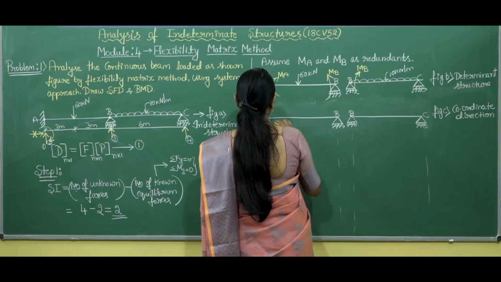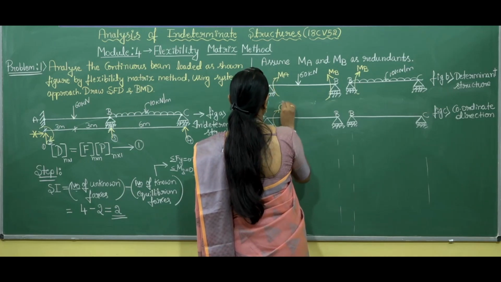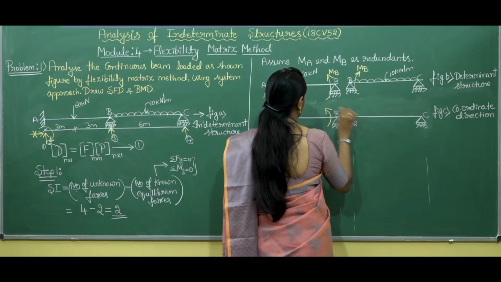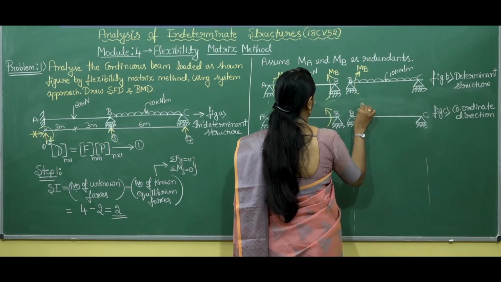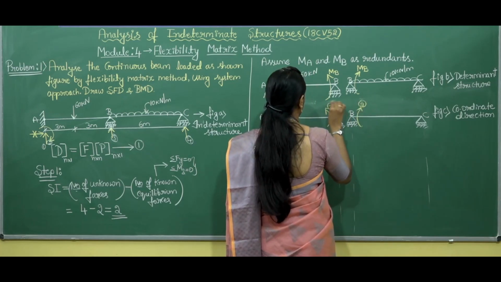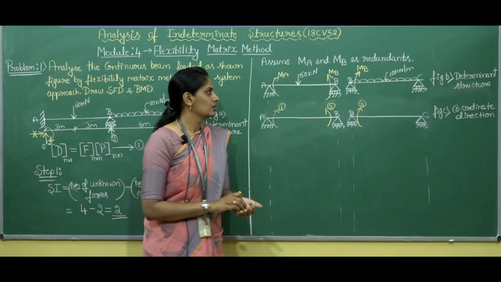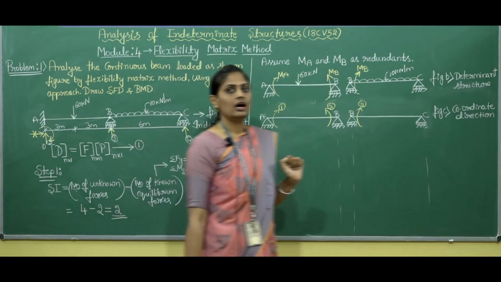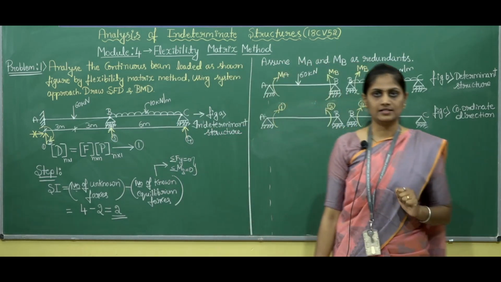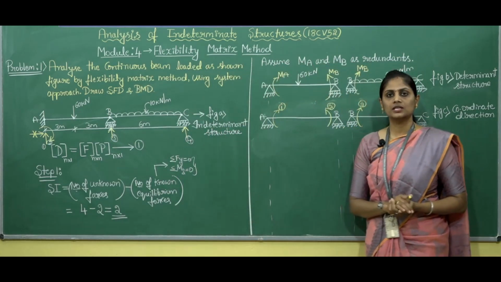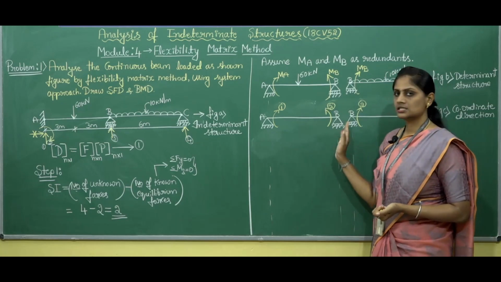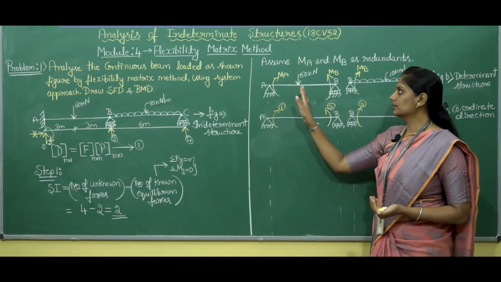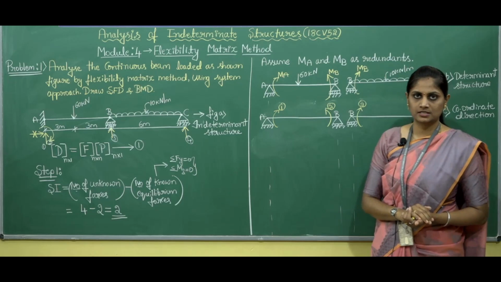So, call this coordinate number 1 along MA, and call this coordinate number 2 along MB. After assuming the redundants, next we need to mark the coordinates along the assumed directions of redundants.